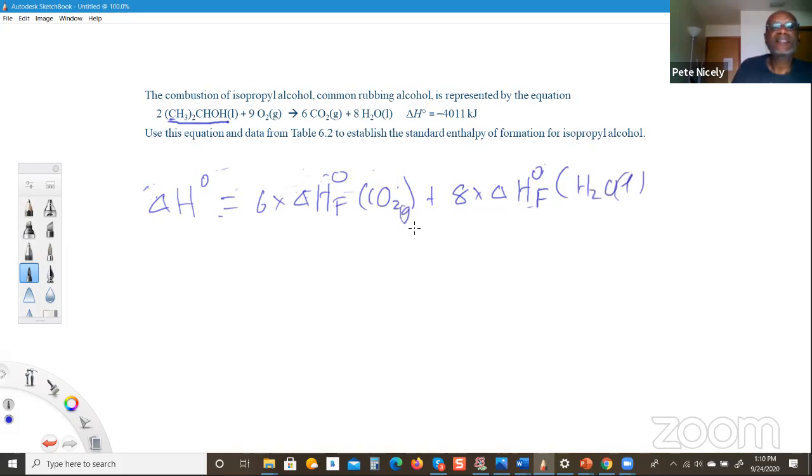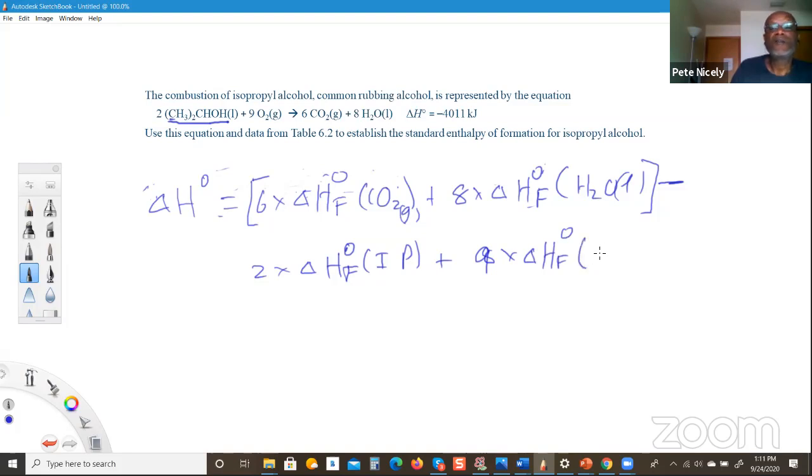Those are the products, and then minus, on the reactant side, 2 times the enthalpy of formation standard of isopropyl alcohol plus 9 times the enthalpy of formation standard of O2, all right?